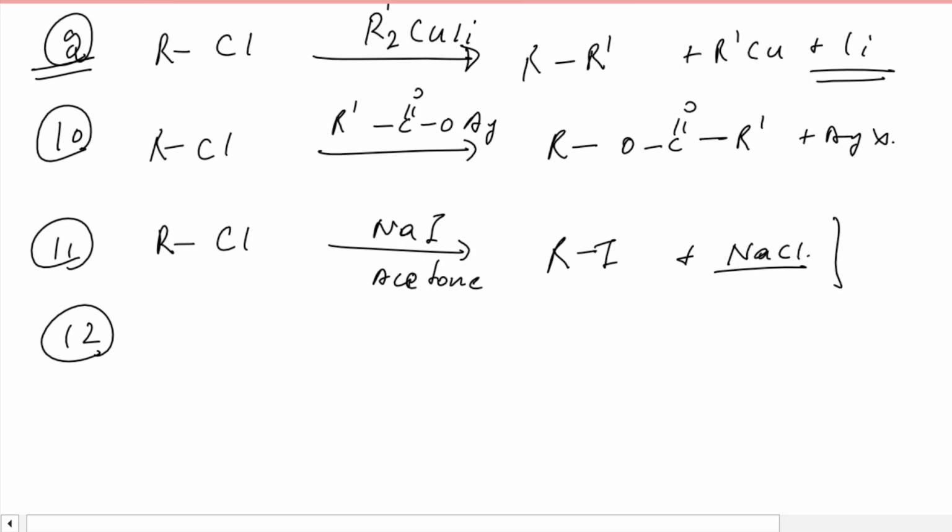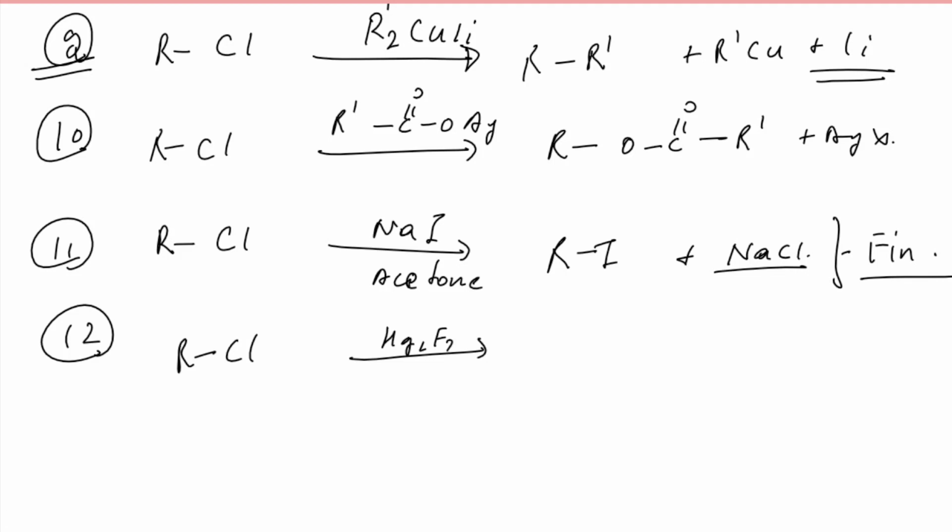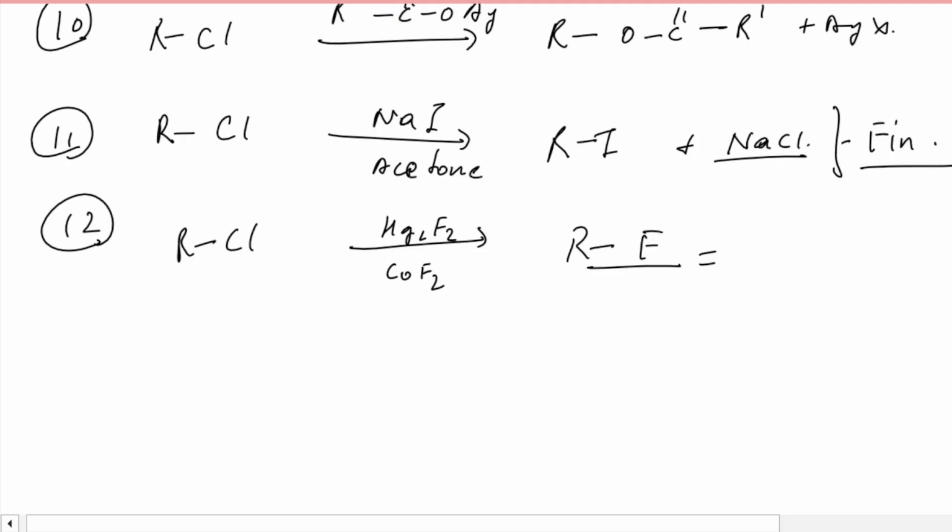This is known as the Finkelstein reaction. And next, RCl reacts with any metallic fluoride, say Hg2F2 or CuF2. This yields the formation of RF, fluoroalkane. So this was regarding the different nucleophilic reactions.